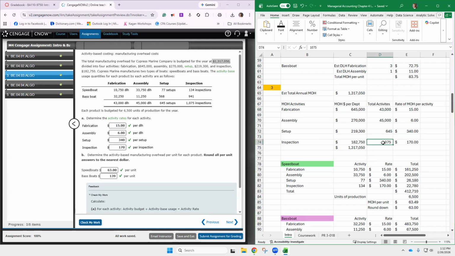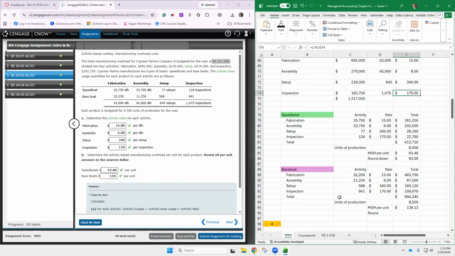There were 1,075 of them. When you divide that number into that amount of overhead, you get $170 per inspection. So once again, this is overhead being allocated to these various activities because those activities help drive the cost of the overhead, okay?